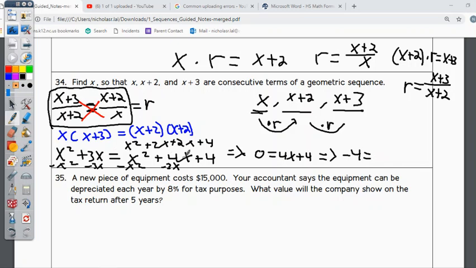Sorry, 4x minus 3x is 1x. When I subtracted the x squared, they cancel out. When I subtract 3x, the 3x's cancel out, but 4x minus 3x is x. So I get x plus 4 equals 0, which means negative 4 is equal to x. And I've solved for x, and that's the problem.